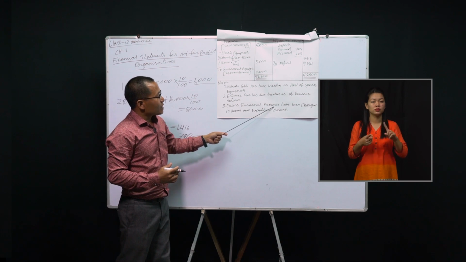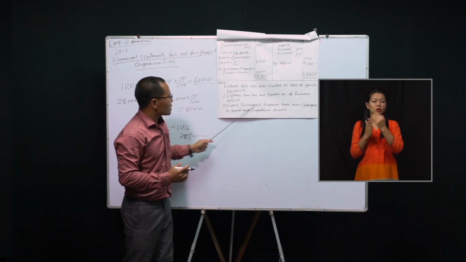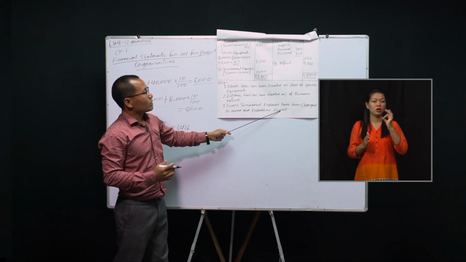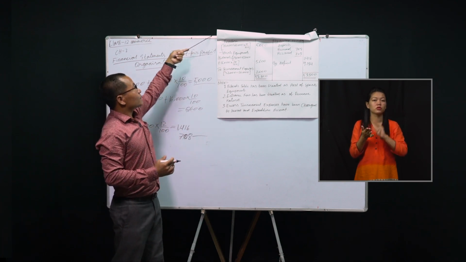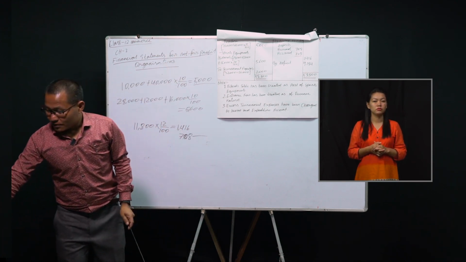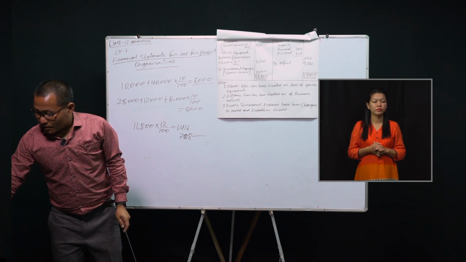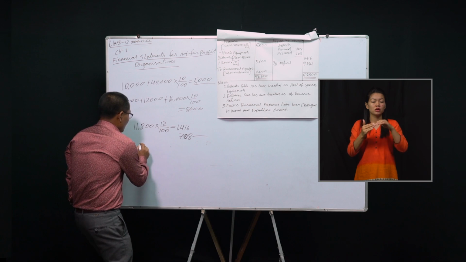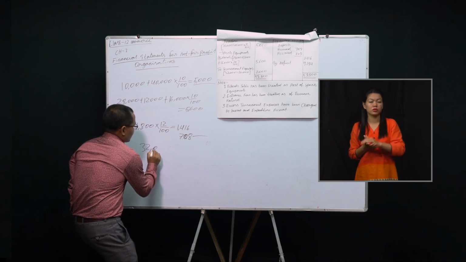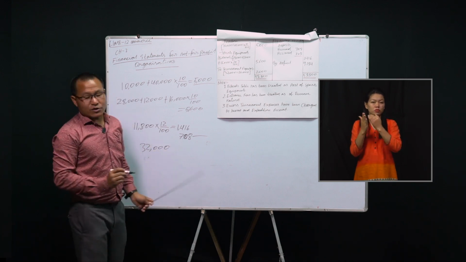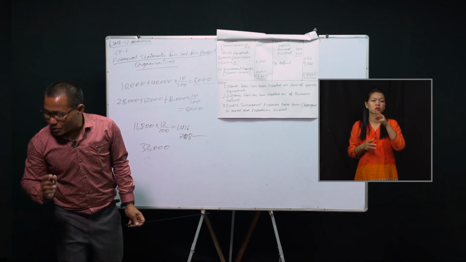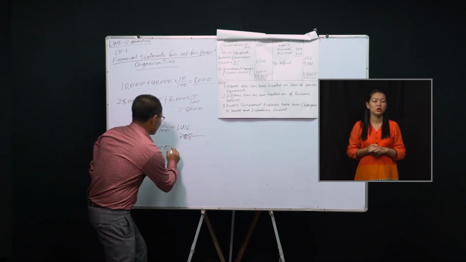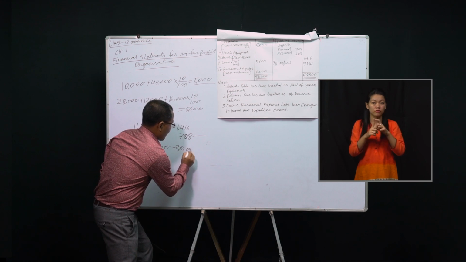Excess tournament expenses has been charged to income and expenditure account. Because here, in your question, on the payment side, tournament expenses is 32,000, but the tournament fund that is allotted is 30,000.